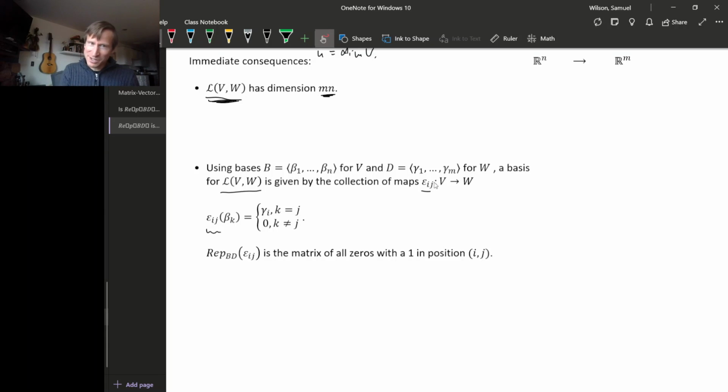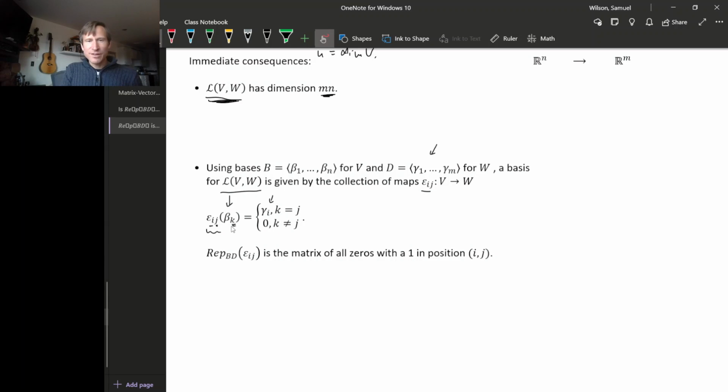So to tell you what linear map, I have to tell you what it does to the basis for V. Epsilon ij takes the kth basis element, and if k is equal to j, then it gives you the ith basis element for the codomain space.